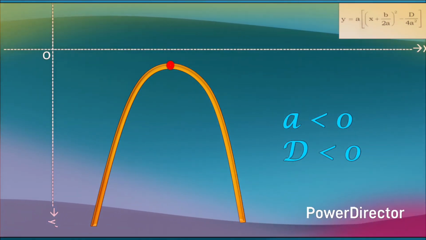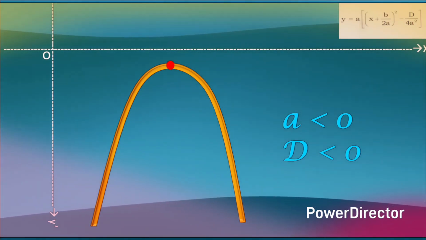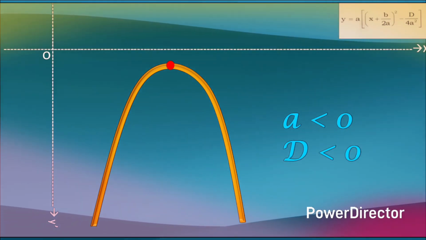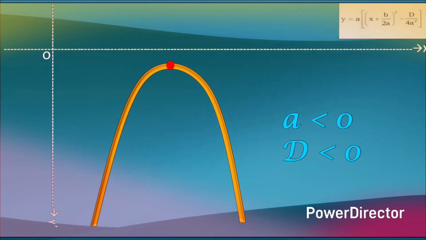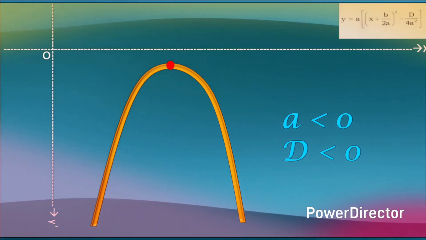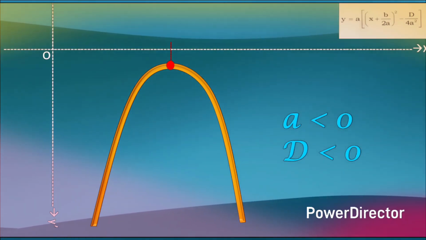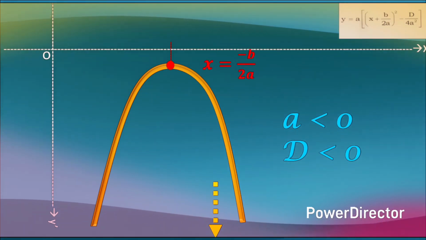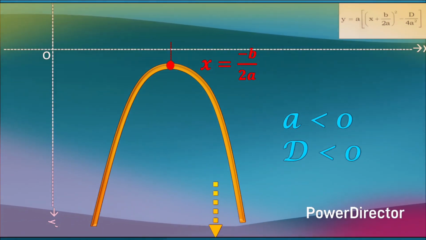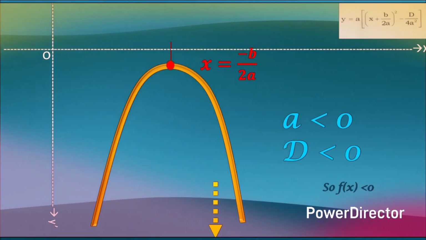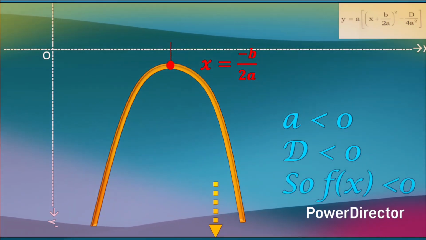Even in this case, we get x equals minus b by 2a and the axis of symmetry, and in this case we'll get the maximum value. As the arrow mark shows towards the negative direction, f of x will be less than 0.